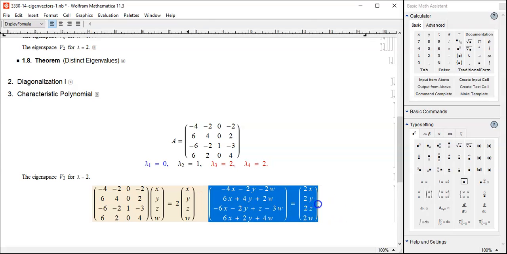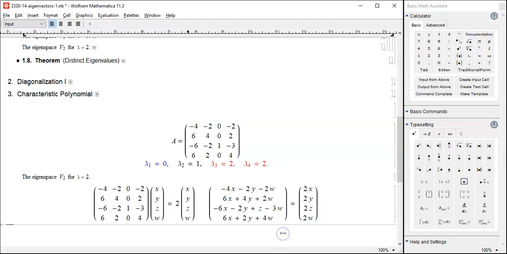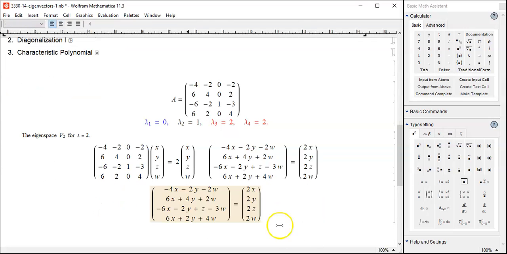Is everything right about matrix multiplication? Okay. Let's copy and paste this and then subtract. Subtract, and that's 0. Subtract, that's 0. Subtract, that's 0.